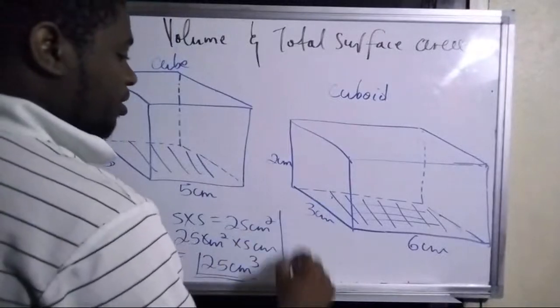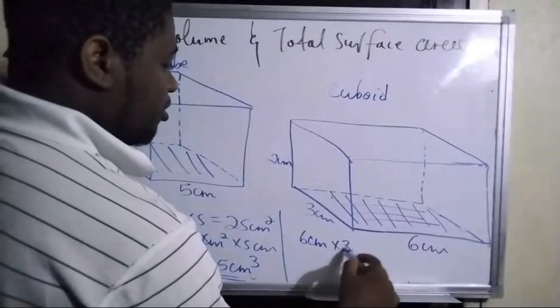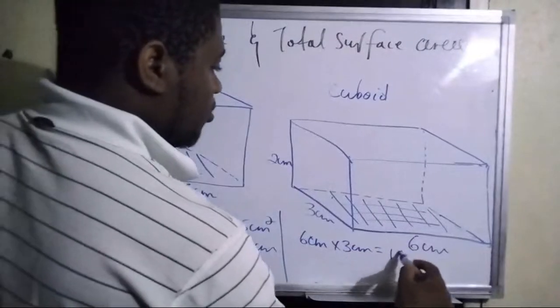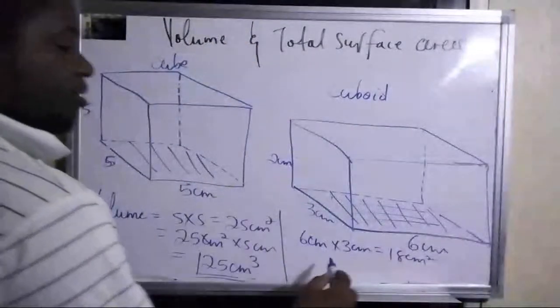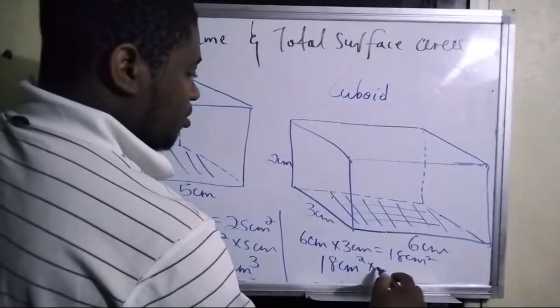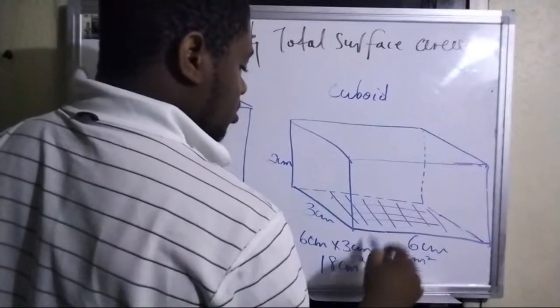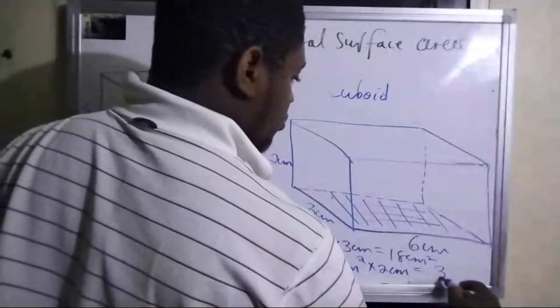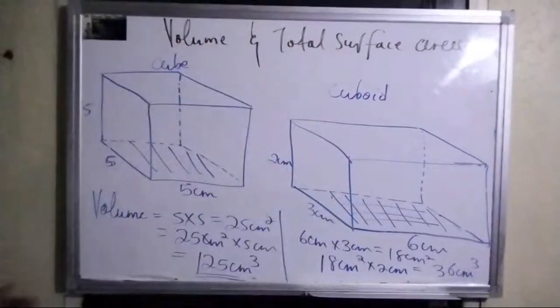That's the area for the base. So it's 6 centimeters by 3 centimeters, which is equal to 18 centimeters square. And then now we times it by 2, which is the height. So you see we get the 3 dimensions now. So 2 times that would be 36 centimeters cube. So that's how we find volume.